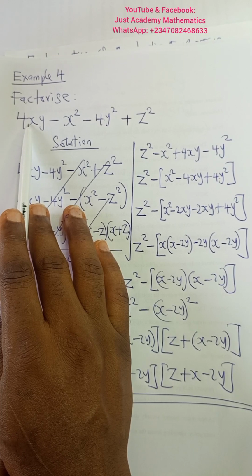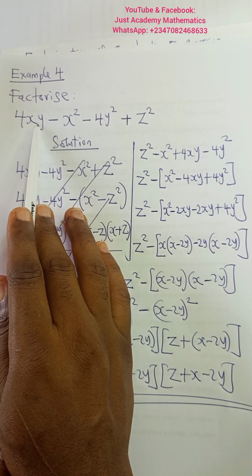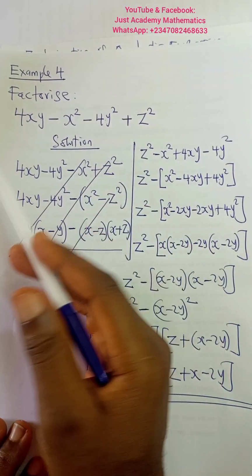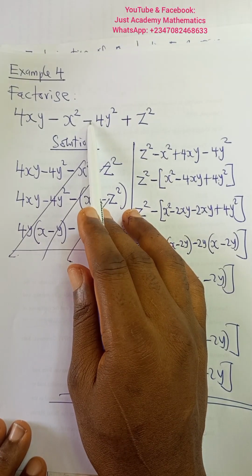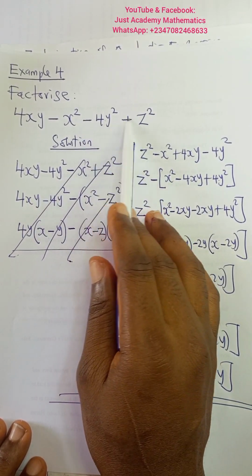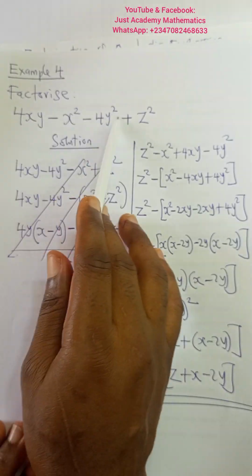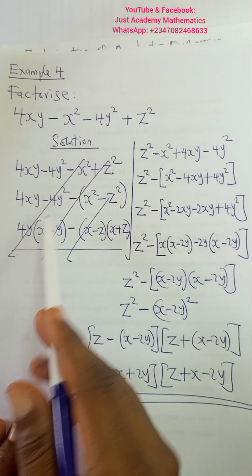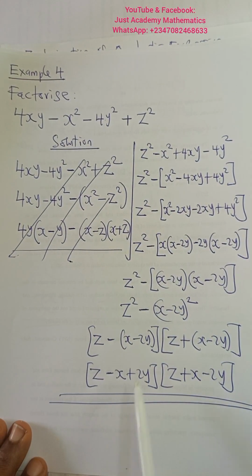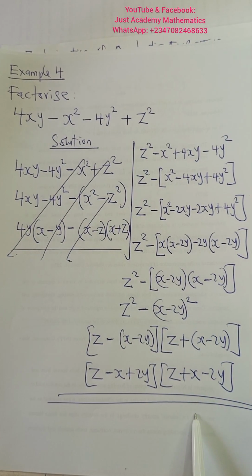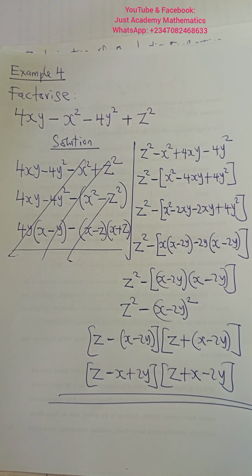If I factor x out here, what can I do with what I have inside that bracket? If I bring out y here, I can put this in difference of 2 square. But this bracket will not match with that difference of 2 square. So I can't go further, just like this one. This is what we are to do. So this is the correct answer for this number 4.